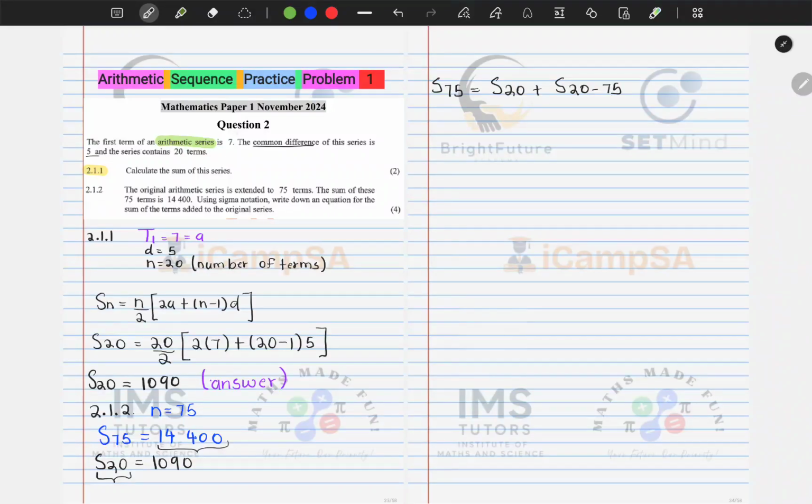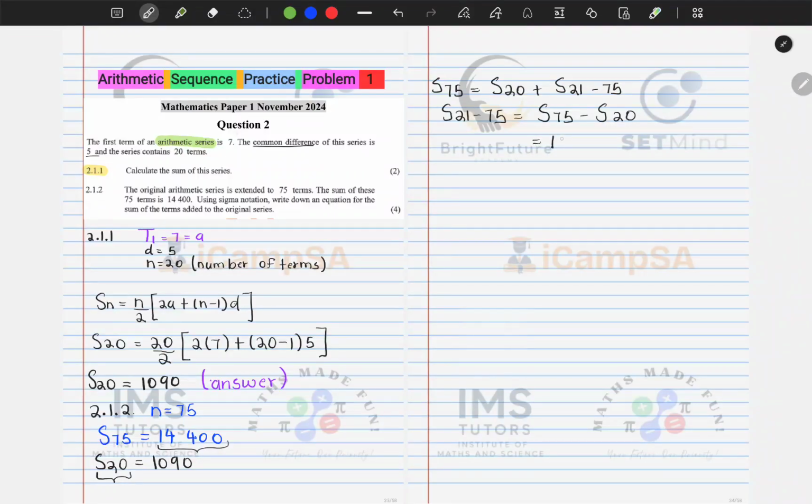That is what happened. So if you sum the first 20 terms and add the sum from 21 to 75, you get the sum of 75 terms. In other words, we can get the sum from term 21 up until term 75 as the sum of 75 terms minus the sum of the first 20 terms.